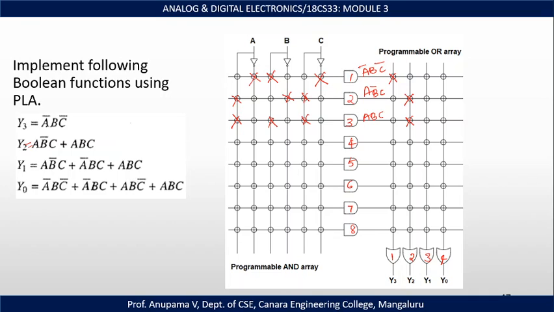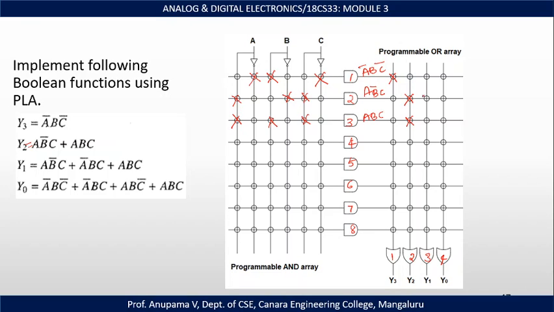y1 = a b bar c + a bar bc + abc. Now we will implement the term a b bar c, but it is already implemented using AND gate 2. So the output of AND gate 2 is also the input for the third OR gate.